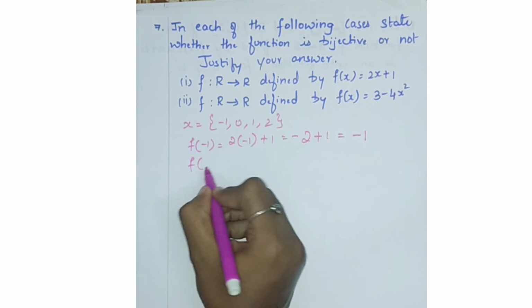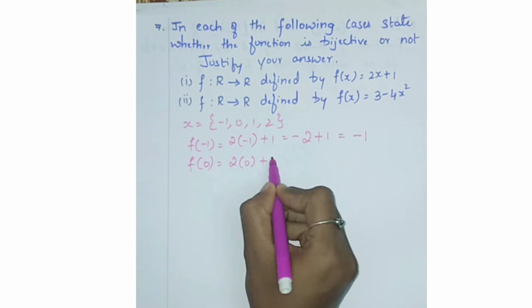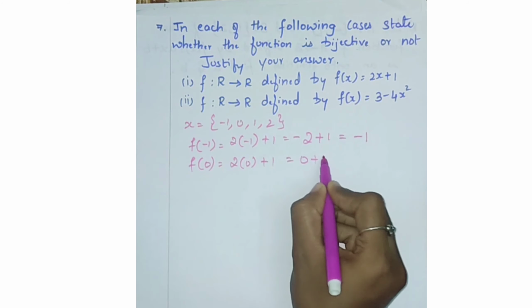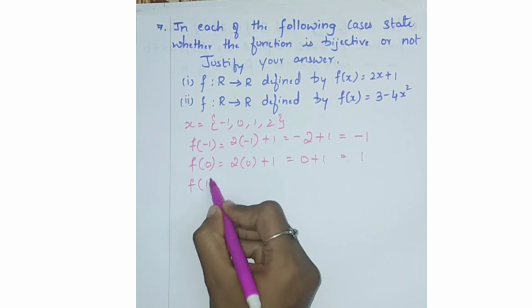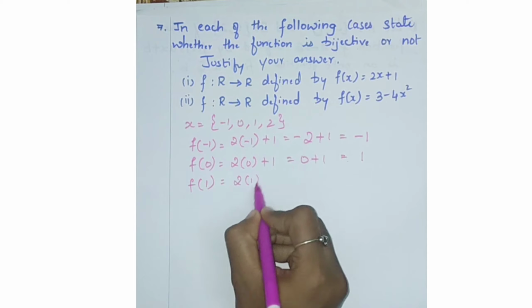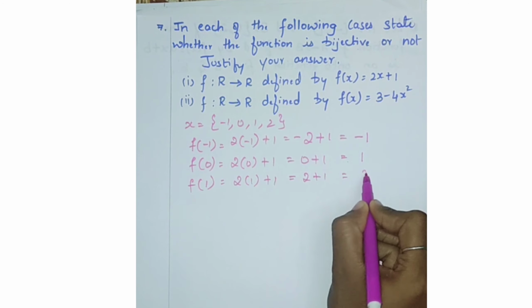Next, f of 0. So 2 into 0 plus 1, which is 0 plus 1 is 1. Next, f of 1. 2 into 1 plus 1, that is 2 plus 1, 3.